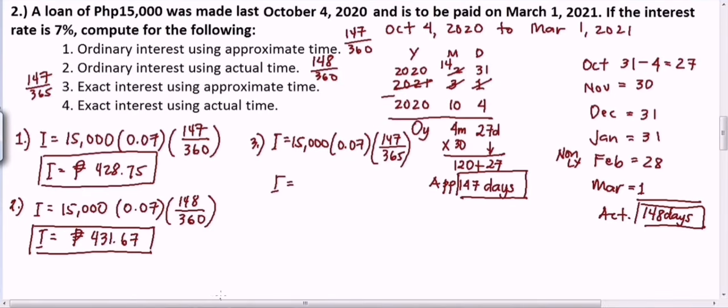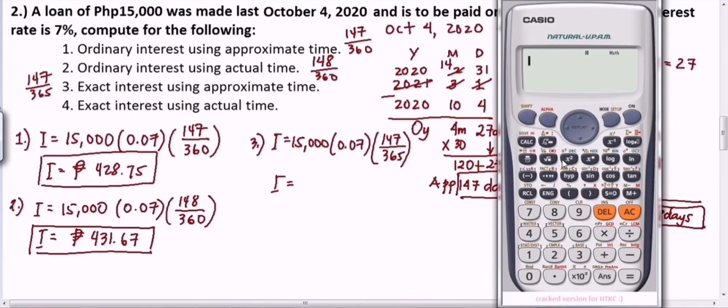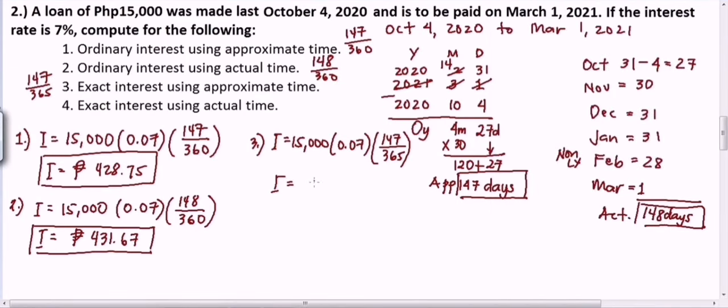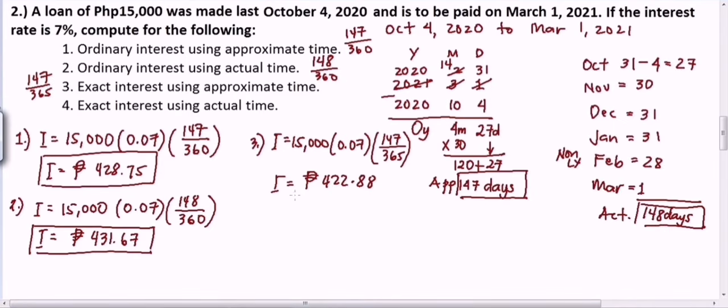Okay, so yung I natin is, ayan. Sabi ko, i-edit ko na lang. Times 0.07 times 147 divided by 365. So, the answer in number 3 is 422.88. So, 88 na yun, guys. Ayan. Okay? So, that is the answer in number 3.